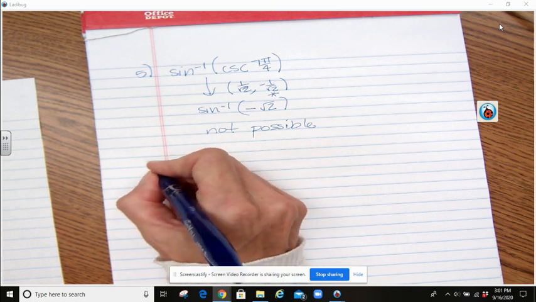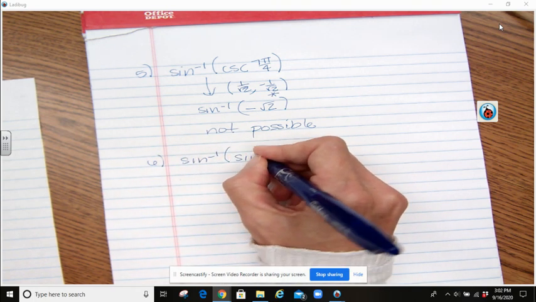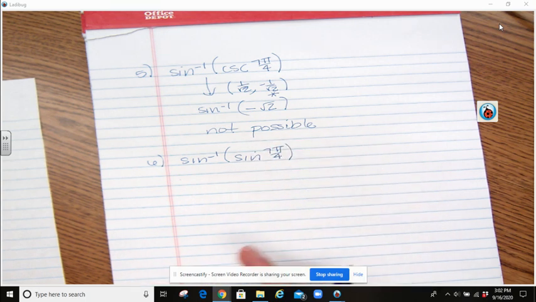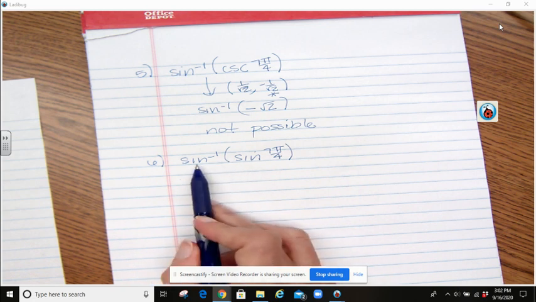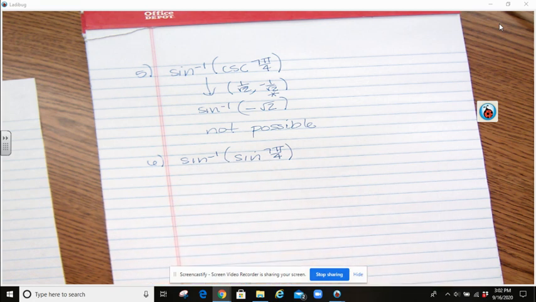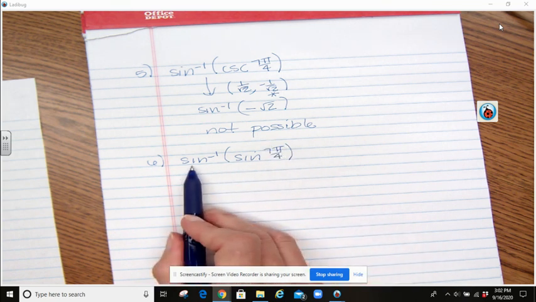How about if I had inverse sine of the sine of 7 pi over 4? Okay, so shortcut. If the two trig functions are the same, I should just be able to cancel them out and answer with 7 pi over 4. But again, this is not an allowable angle for an inverse trig problem.